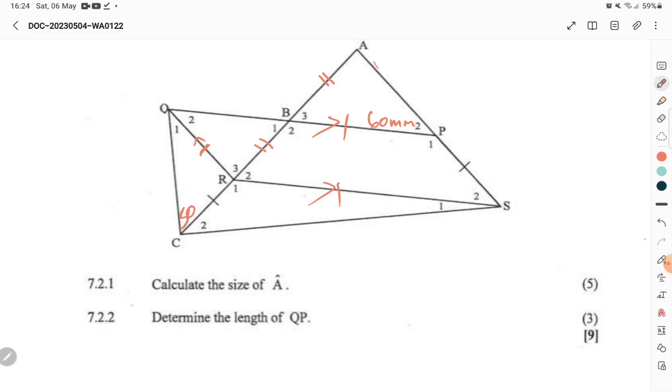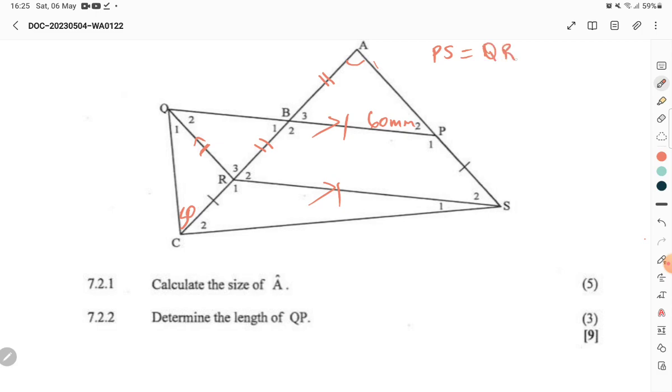7.2.1 says, calculate the size of A. So we need to find the size of that angle A. How do we go about doing that? It is very important that we are given C1 equal to 50 and that PSRQ is a parallelogram, so we know that BS is equal to QR.